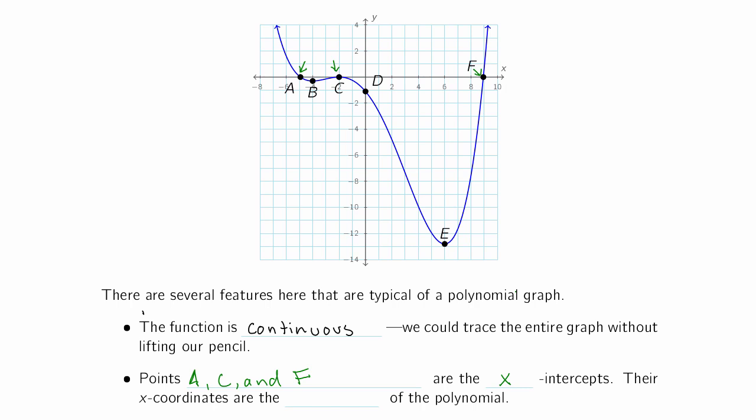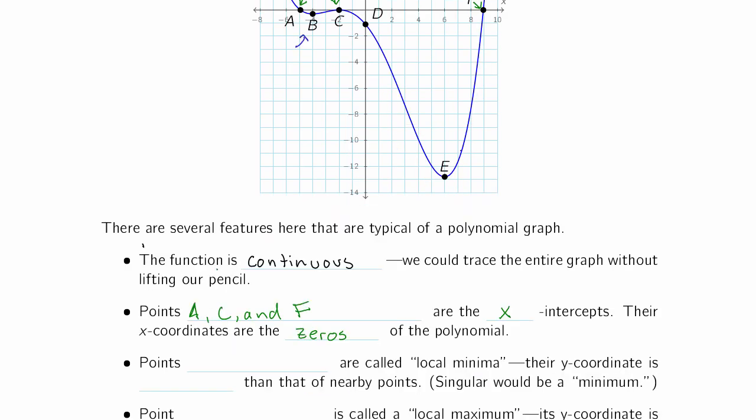So those x-intercepts occur whenever x is equal to one of the zeros of the polynomial. Okay, so that's one of the features of interest that we see on this graph. We already know everything that we need to know to find the x-intercepts.